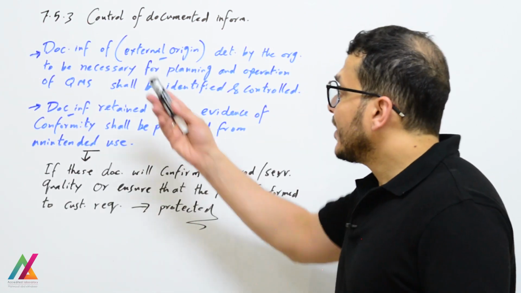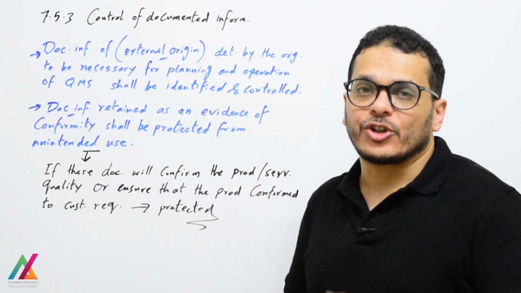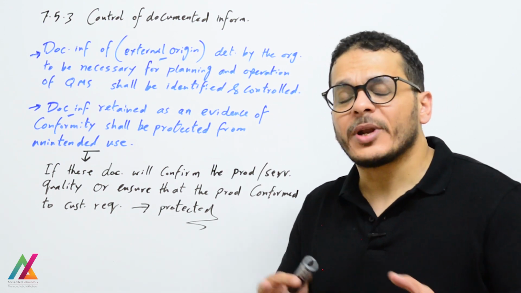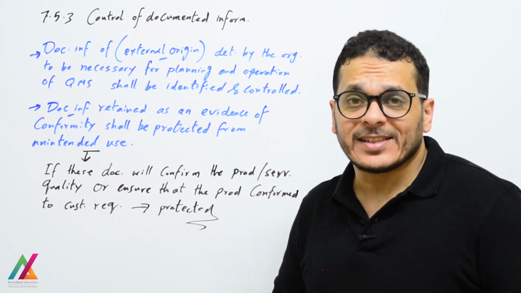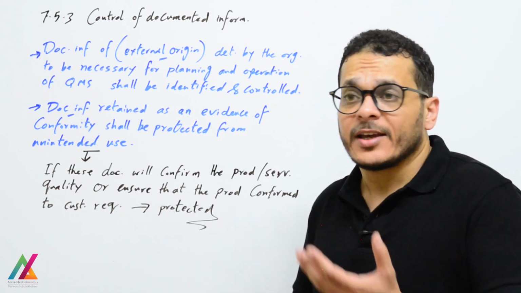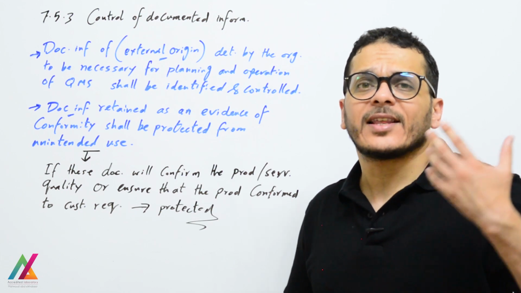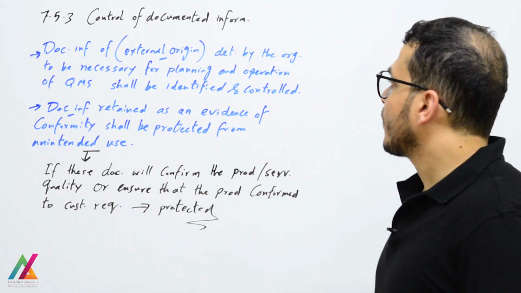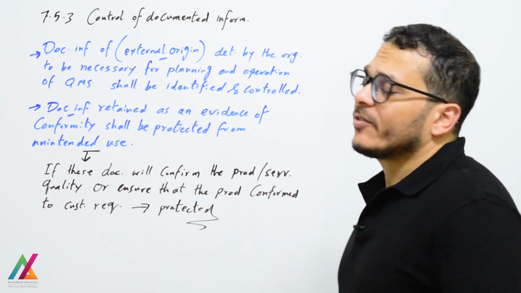And also documented information of external origin, determined by the organization to be necessary for planning and operation of the quality management system, such as standards, guidelines, or even certificates from the supplier related to the equipment or any resource inside the organization, shall be identified and controlled.